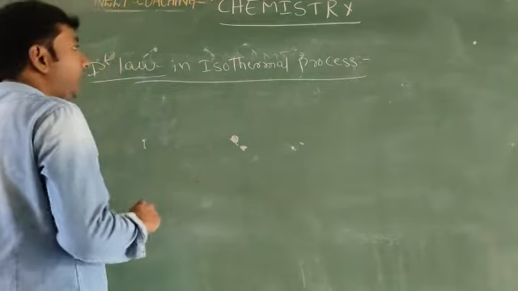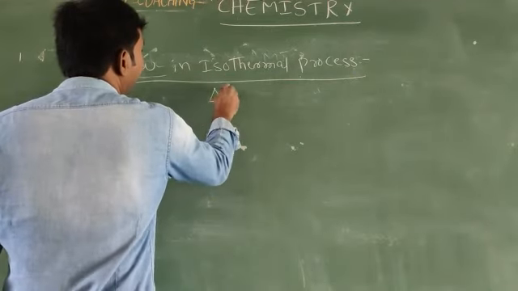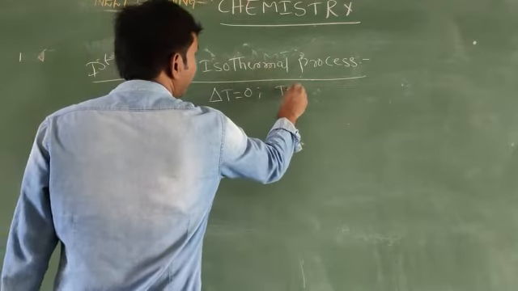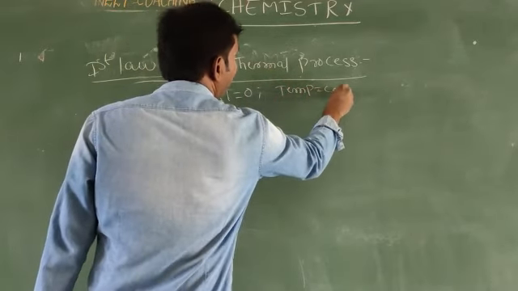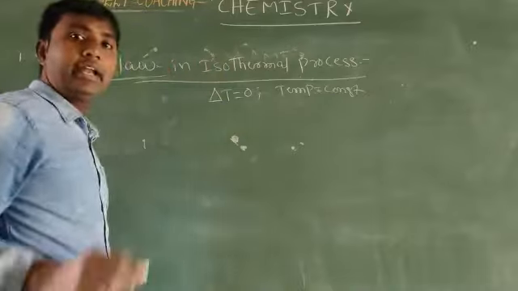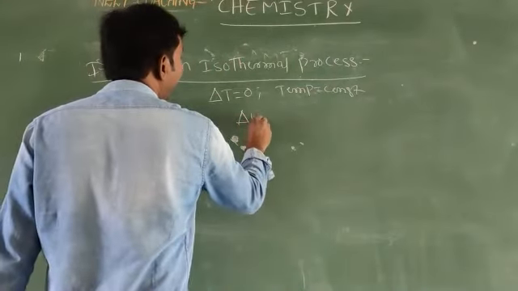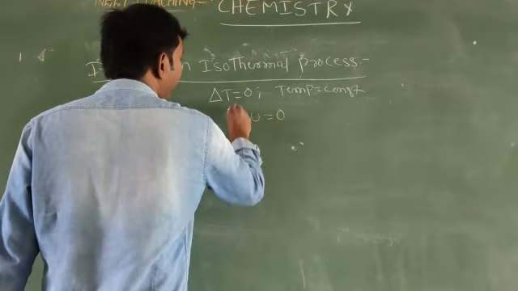Isothermal process means del T equals 0, or temperature remains constant. In an isothermal process, the internal energy change equals 0.